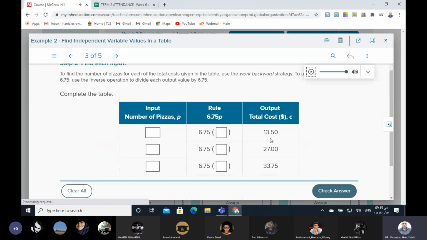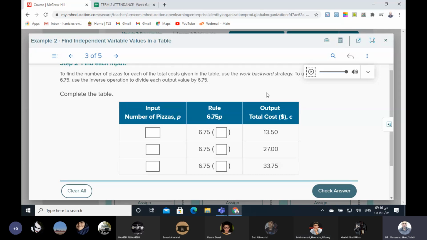Okay. And now we have this table. We have the first column, input. Input here, the number of pizzas, represents the P variable. The rule: the number of pizzas times the price, 6.75. You will get the total cost, C, the output. The input is 2.